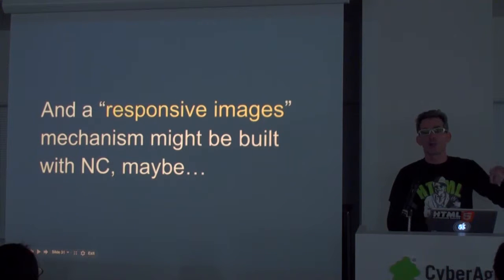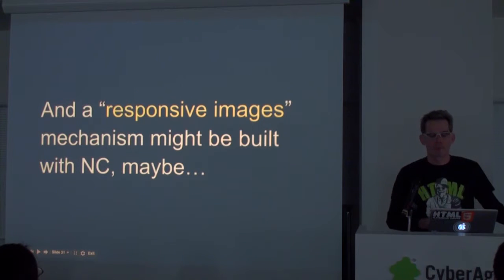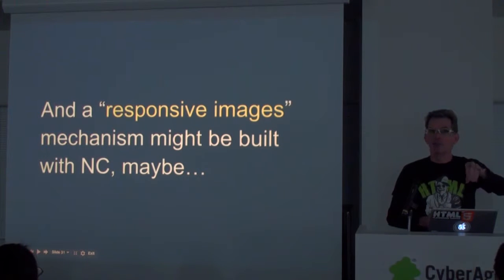So the idea with responsive images is you can specify on the client side in your code a set of different images of different sizes or different cropping, and you're specifying this in your HTML, client side application.